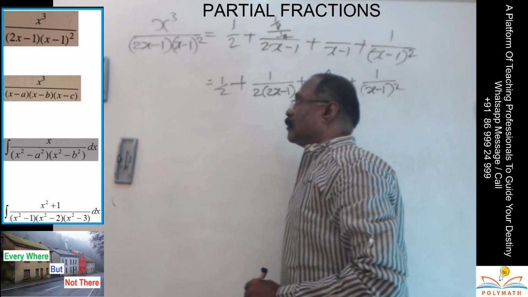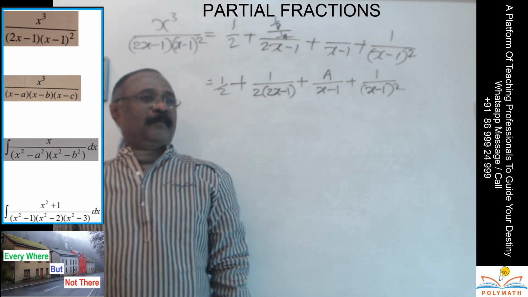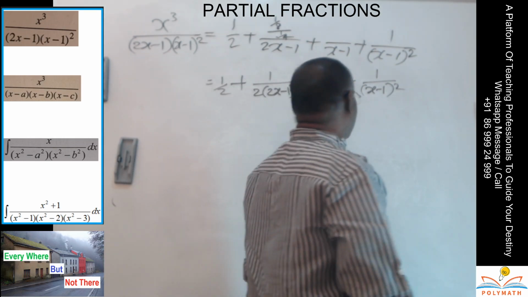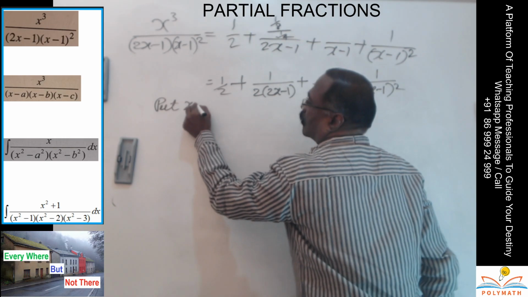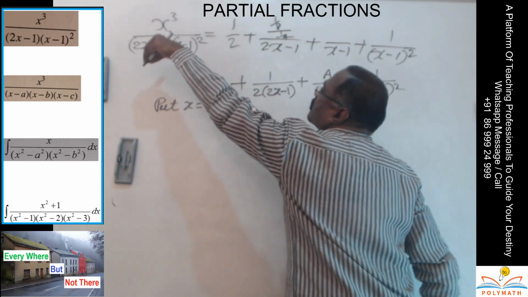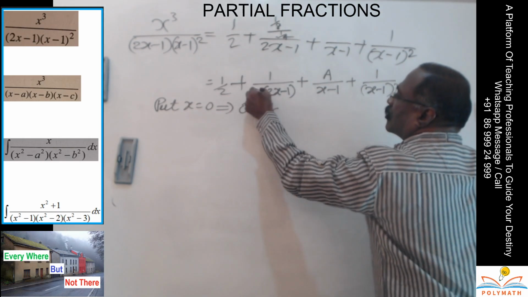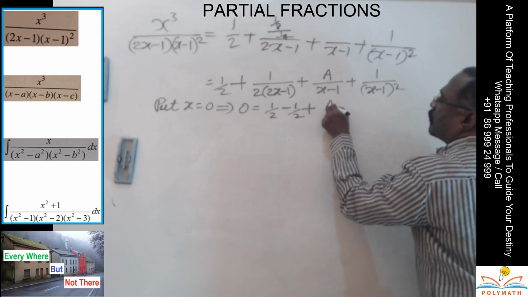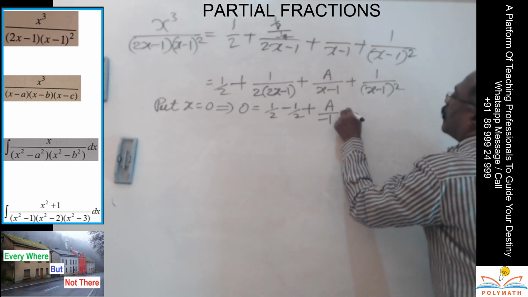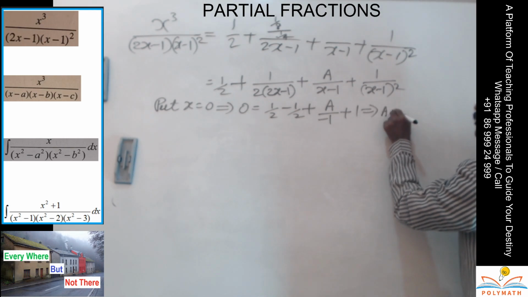Now put x equal to 0 to get a. x equal to 0 implies this becomes 0 totally. This is 1 by 2, this is minus 1 by 2, this is a by minus 1, this is 1. So a is equal to 1.